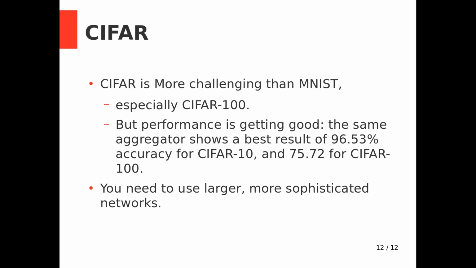The same aggregator I found showed a best result of 96.53% accuracy for Cifar 10 and 75% for Cifar 100, right? So Cifar 10, I think I can say, is getting close to being solved by the same definition I used before. Cifar 100 still has a ways to go, and so is still an interesting benchmark, right?